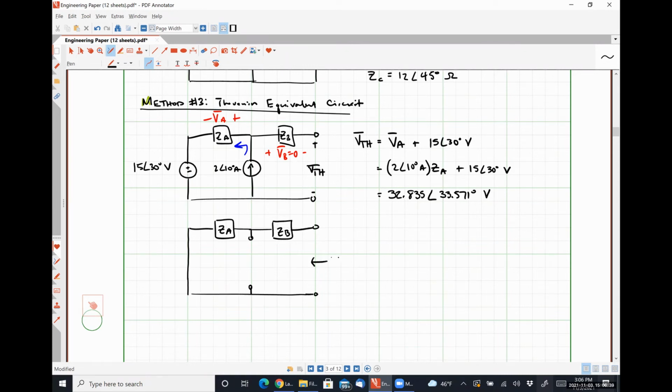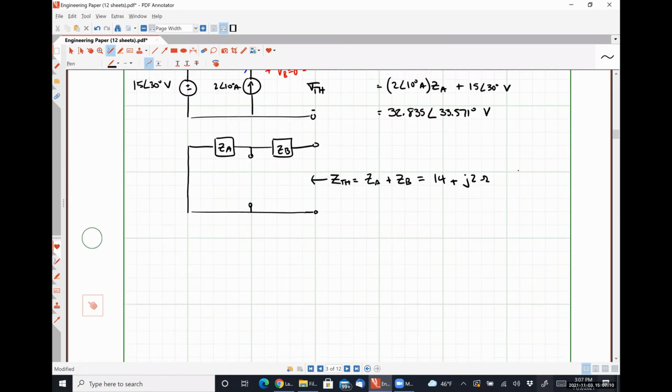I'm looking in, and ZTH is going to be what? ZA plus ZB. Which, as a rectangular form complex number, is going to look like 14 plus j2 ohms.